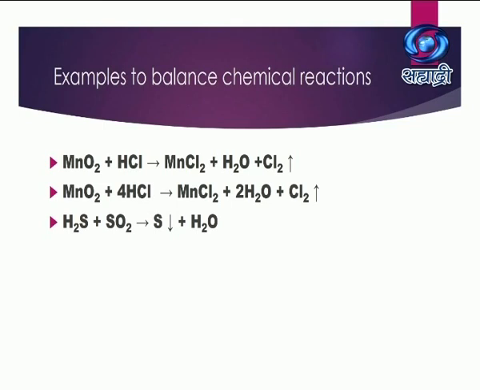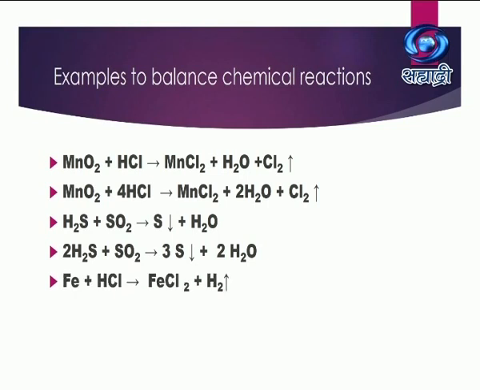Think about whether the number of molecules of H2S or SO2 could be increased. The answer is 2H2S plus SO2 gives 3S, that is 3 sulfur atoms, plus 2H2O, and thus we find hydrogen, sulfur and oxygen all are properly balanced.